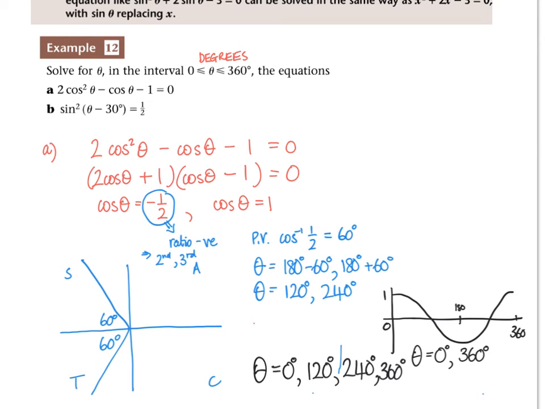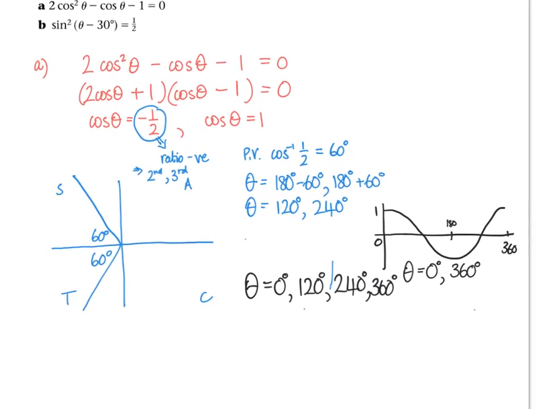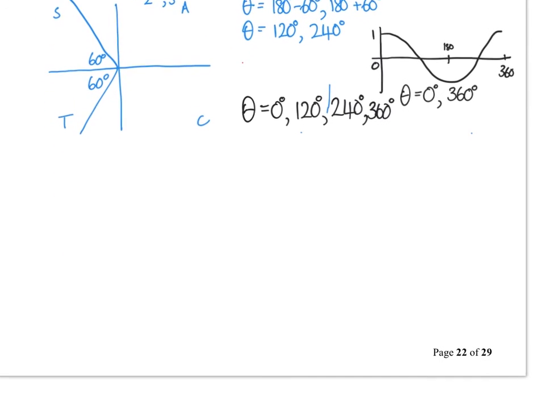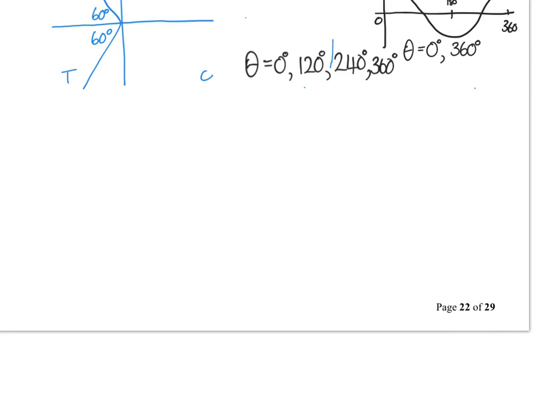Looking at part B, let's move this up a little bit. Hopefully we'll have enough room. So for part B, we've got sine squared of theta minus 30 degrees is equal to a half.